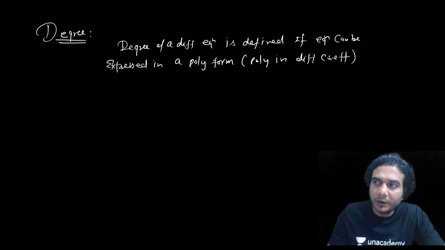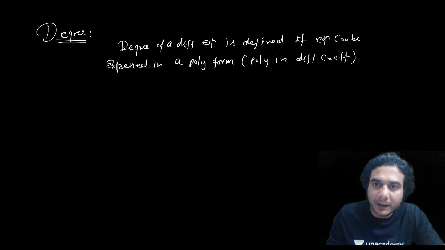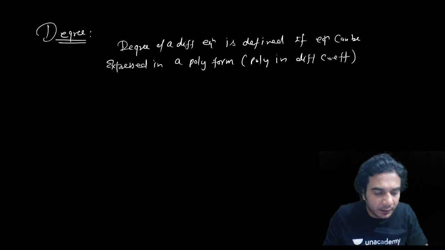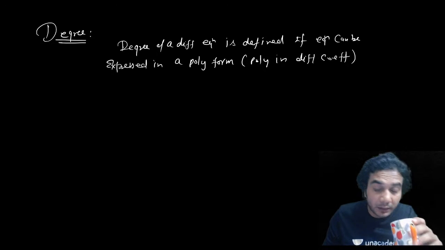Polynomial means what? When you write polynomial in x, that means powers of x should be positive integers, right? So when you say it is a polynomial in differential coefficients, all the powers of differential coefficients should be positive integers. It should not be under root of dy by dx in the equation. If it is there, then you should be able to remove it. Then you can define degree. If you can't remove the root, then degree will not be defined.